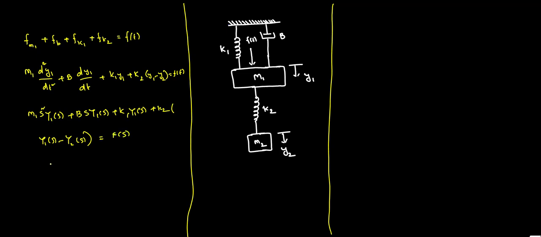So if I rearrange, taking y1 in common, I'll write y1 of s multiplied with m1 s square plus bs plus k1 plus k2, minus y2 of s into k2 is equal to f of s. So that is how you have to write the f of s value particularly.